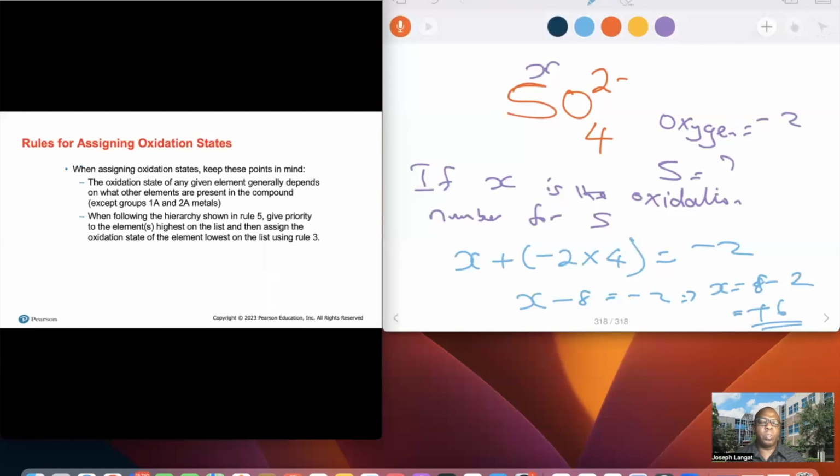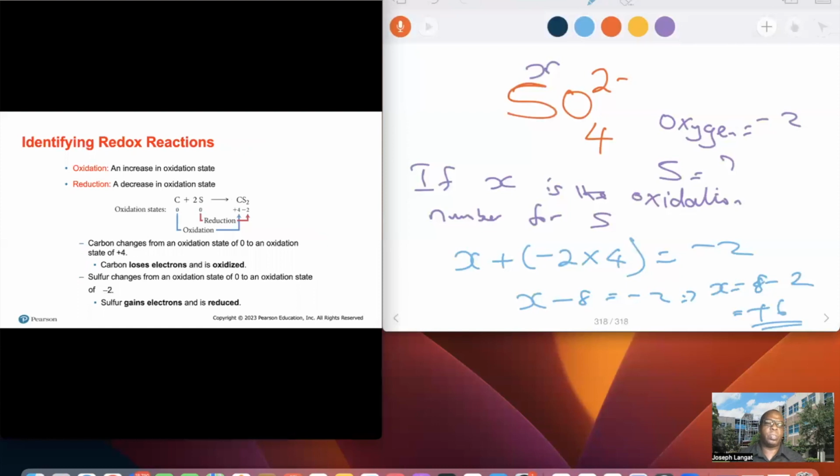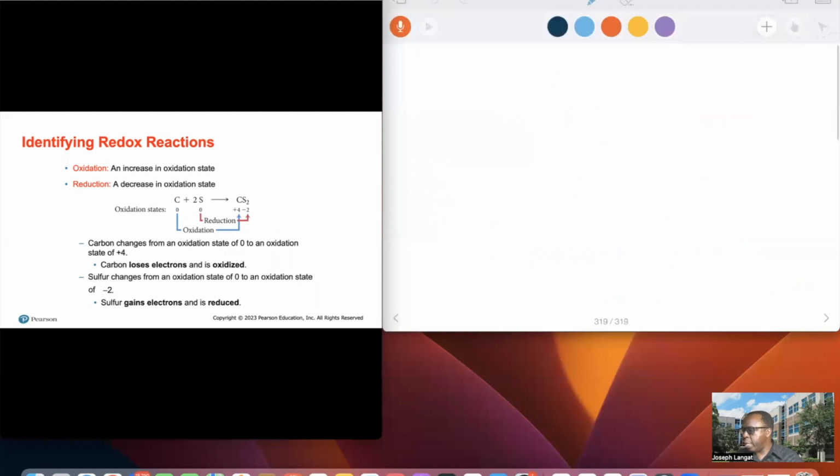So once you know how to assign that, you can calculate the oxidation number of any element on the periodic table. So learn the rules and how they are applied in determining the oxidation state. Now, apart from defining oxidation and reduction, you should be able to identify reducing agent and oxidizing agent.